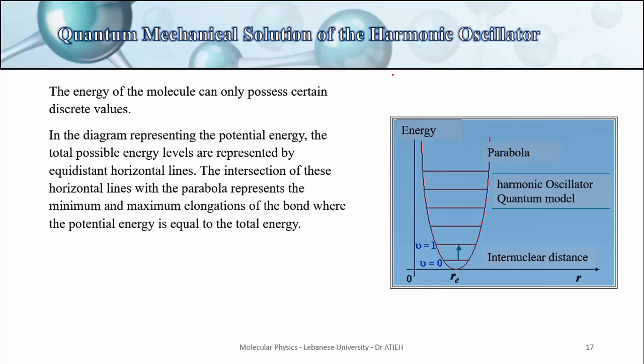So these values are E0 equal to half hν, E1 equal to 3 over 2 hν, E2 equal to 5 over 2 hν.